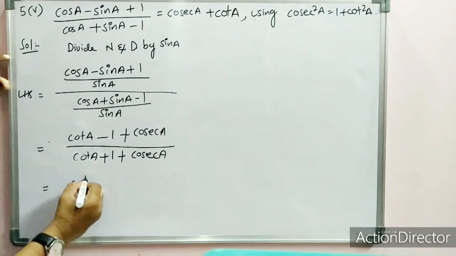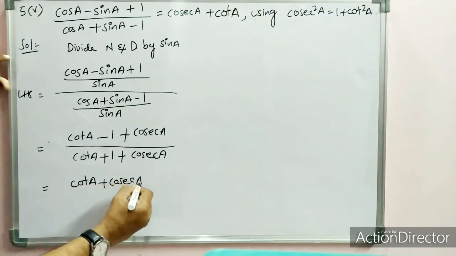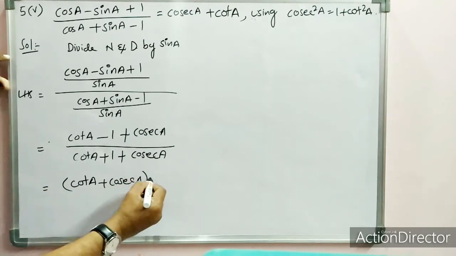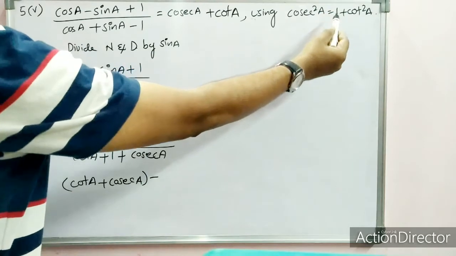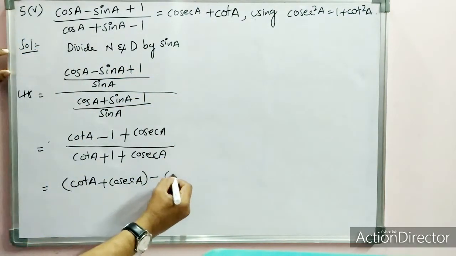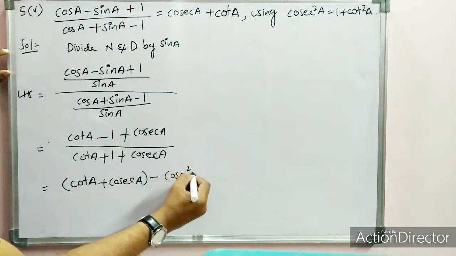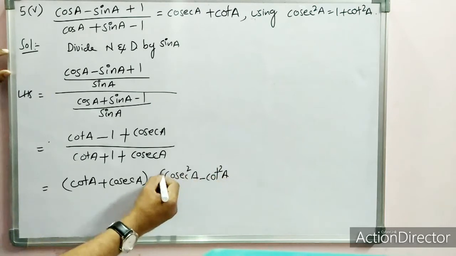Therefore cot A plus cosecant A, write at one place, and in the remaining minus 1, use this identity. So 1 I can write as cosecant square A minus cot square A, in a bracket.